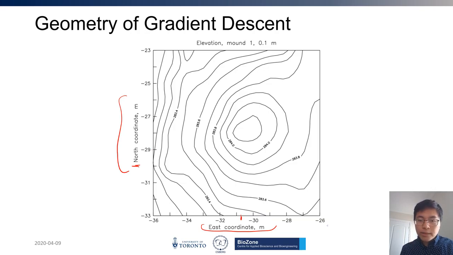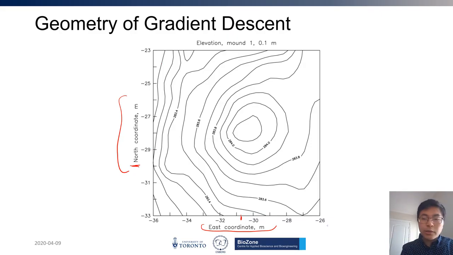If it wanted to see this plot, it would have to evaluate all of the possible north and east coordinate values, all of the parameter values, and that's infeasible. We want a way to find that maximum or minimum in the fastest way possible.